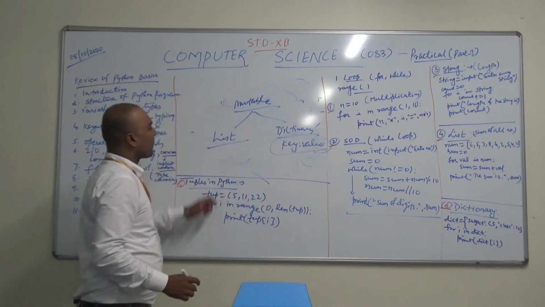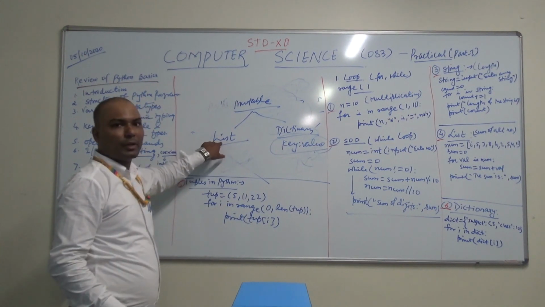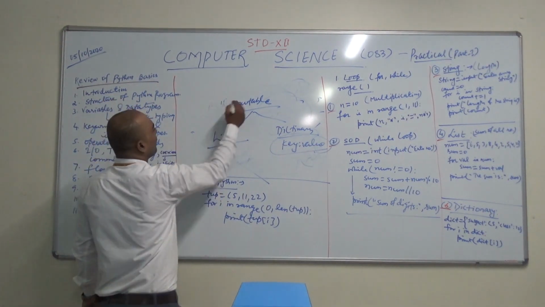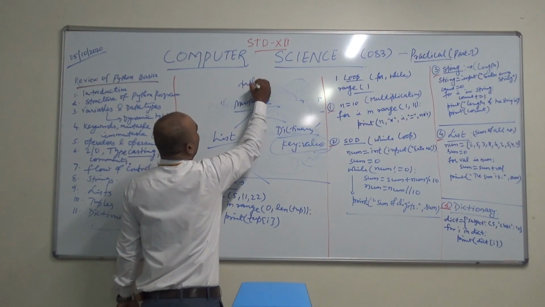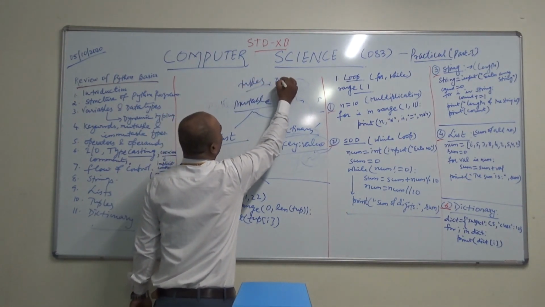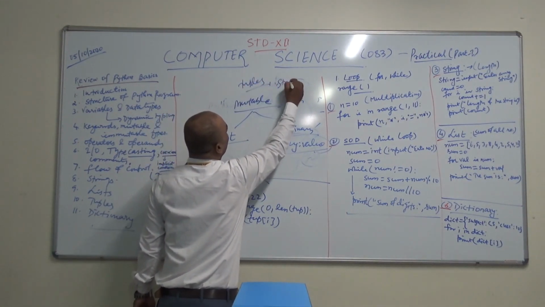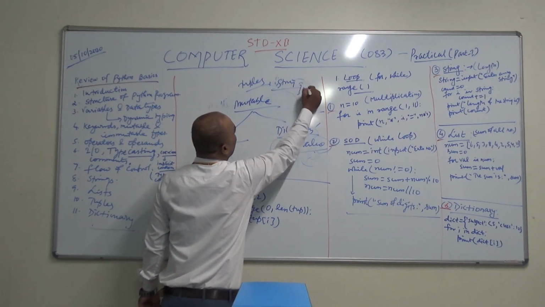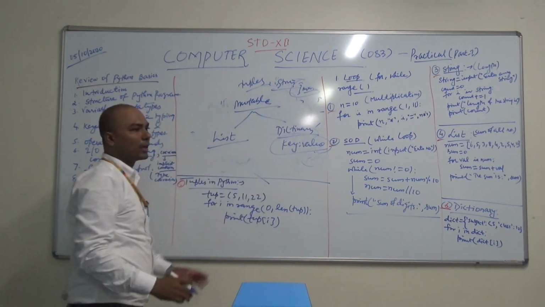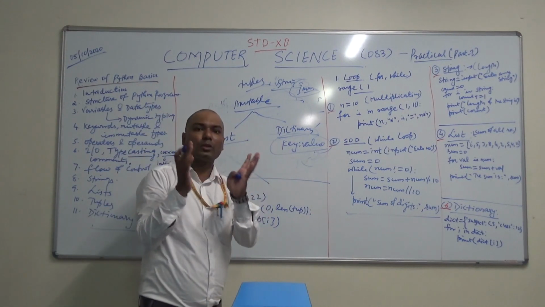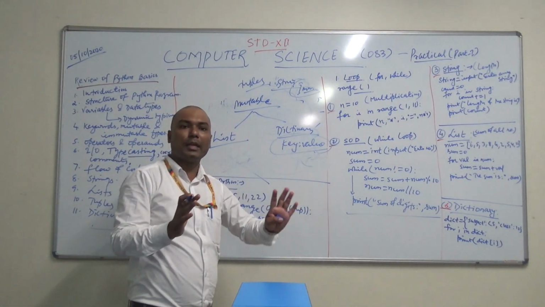So list is mutable, we can change the list. But tuples and strings are immutable, that means no changes can be made. A string contains a sequence of characters, so the user cannot change it.